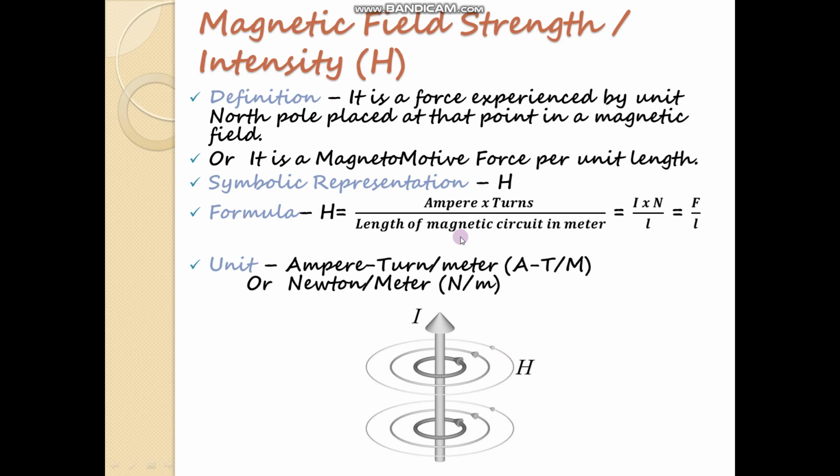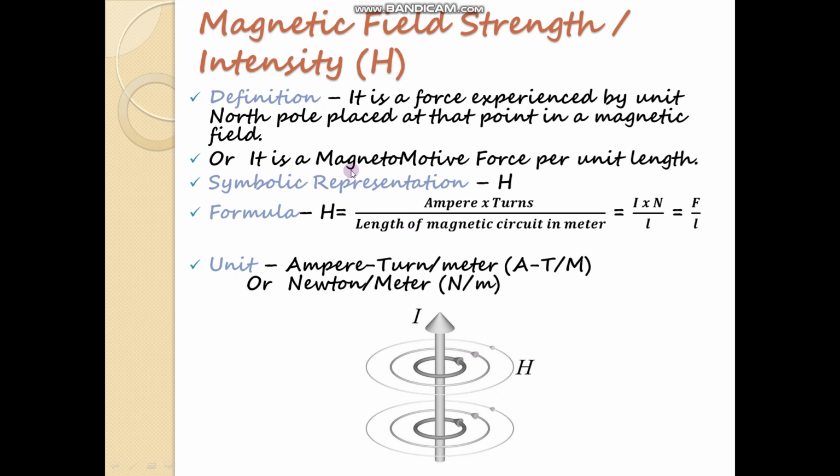The magnetic field strength, also called magnetic field intensity, is the force experienced by a unit north pole placed at that point in the magnetic field. Means what? See, if this is the conductor and this is the magnetic field around that conductor, then if at any point we have to find how much force is there, then we are finding the magnetic field strength of that point.